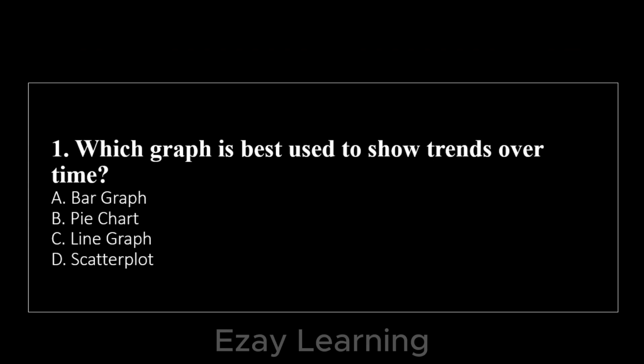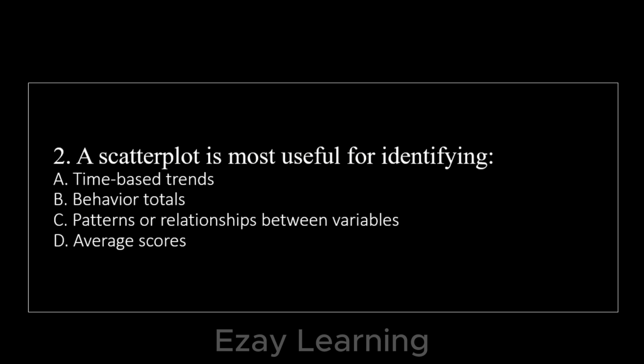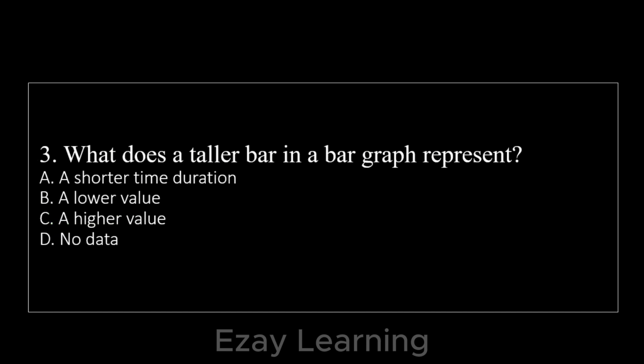Coming towards the MCQs. Which graph is best used to show trends over time? Line graph. A scatterplot is most useful for identifying patterns or relationships between variables. What does a taller bar in a bar graph represent?